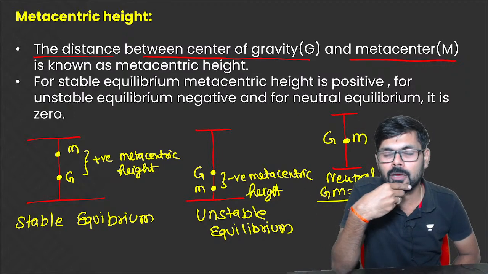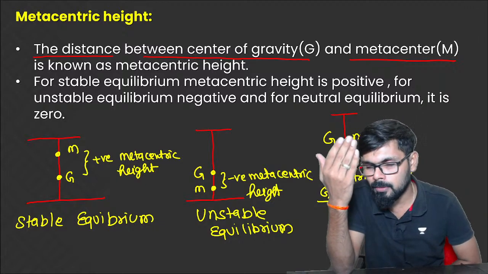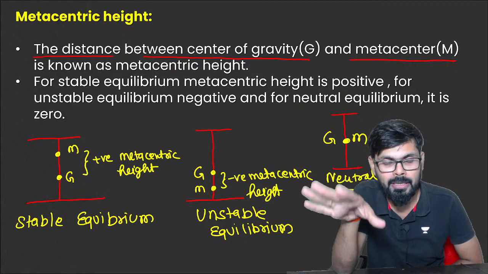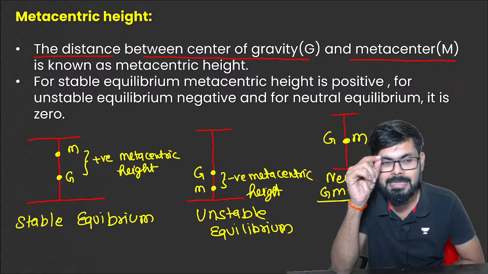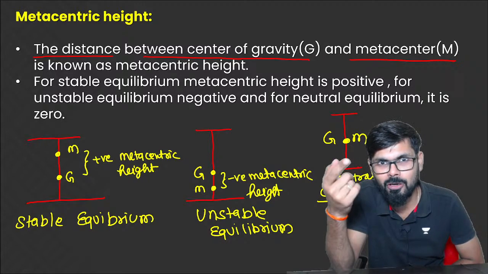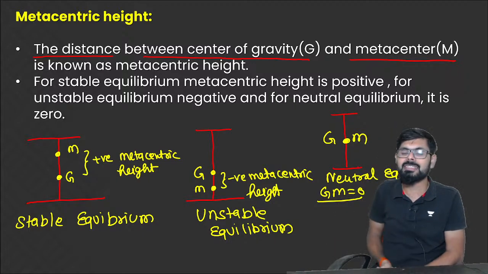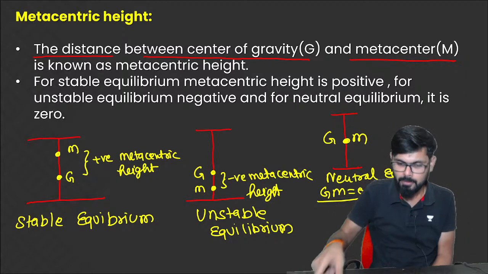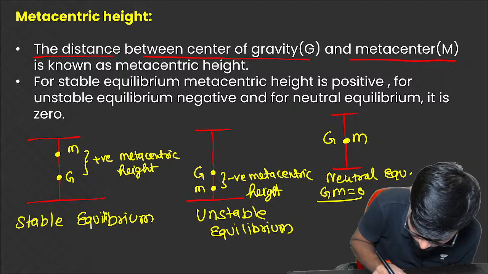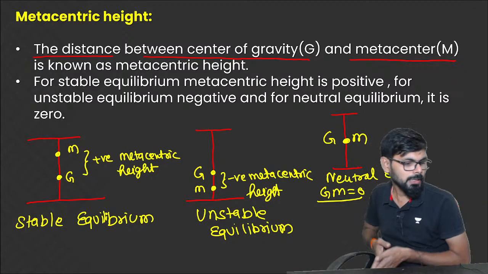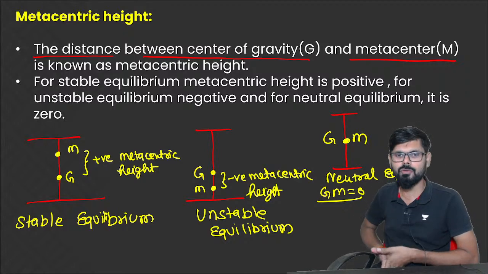For a floating body, if the center of gravity is below the metacenter, or the metacenter is above the center of gravity, then it is called stable equilibrium. Clear? Any confusion? No confusion at all.